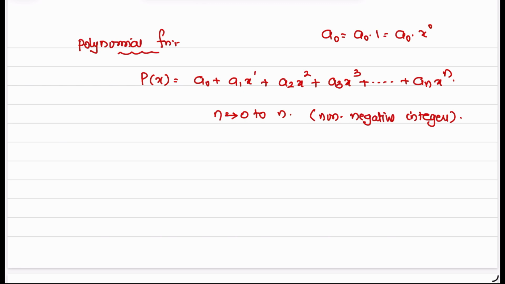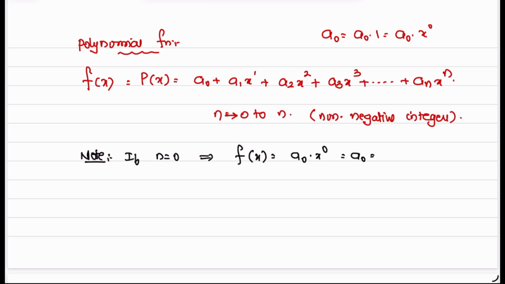For example, in a polynomial equation, if n is equal to 0, it implies the function, let's say it is p(x), it can be f(x) also. n is equal to 0 in f(x), that will be f(x) is equal to a0 into x to the power of 0, that is equal to a0, because other terms will not be there.